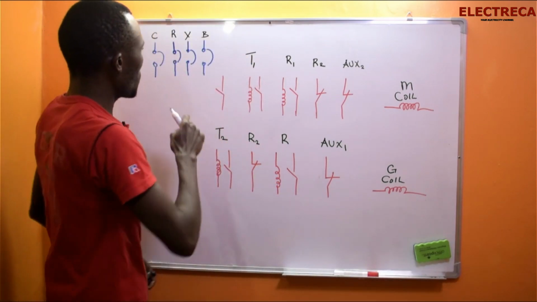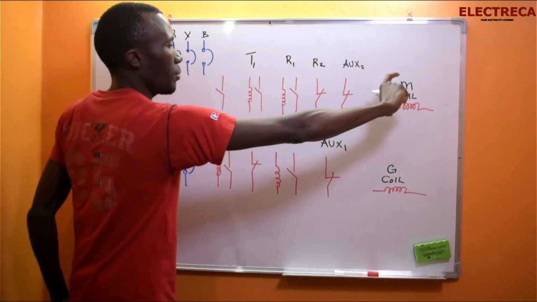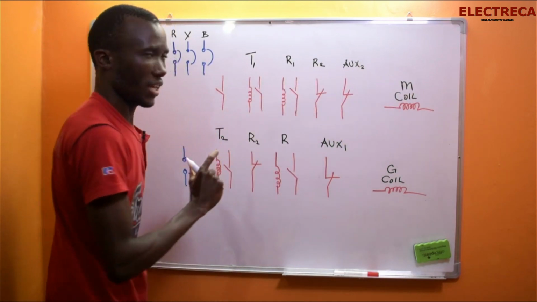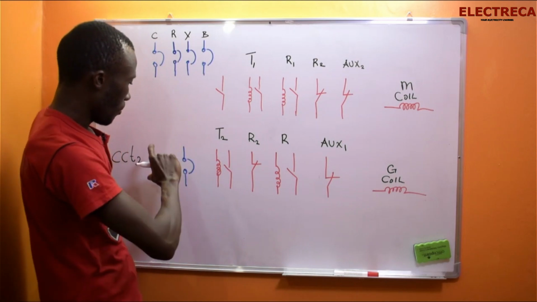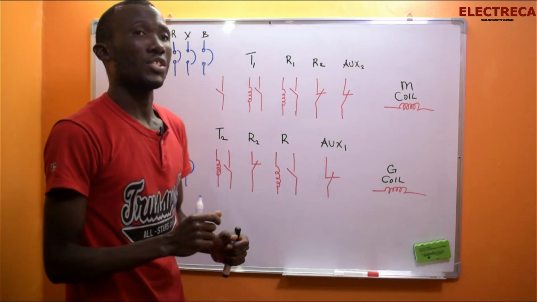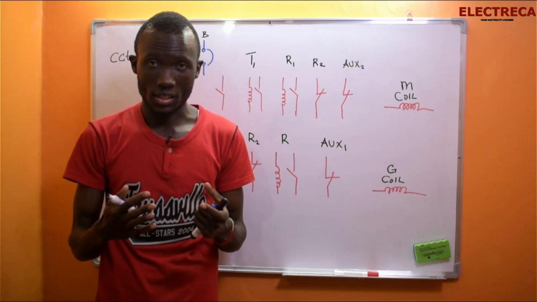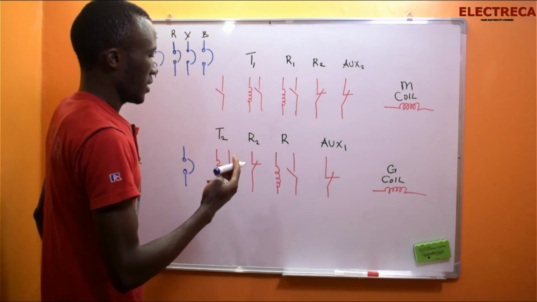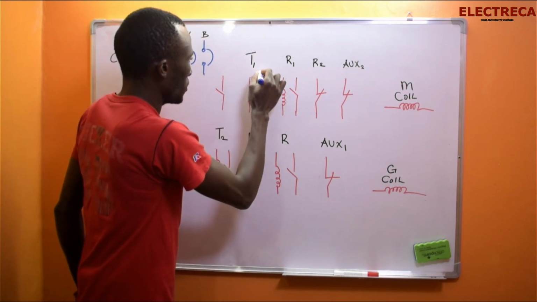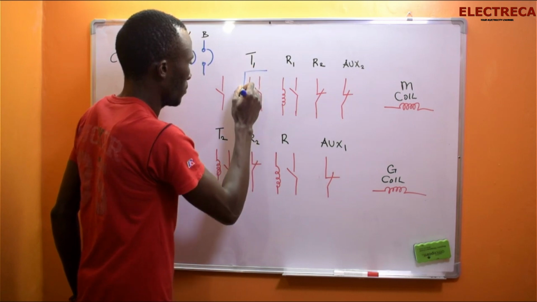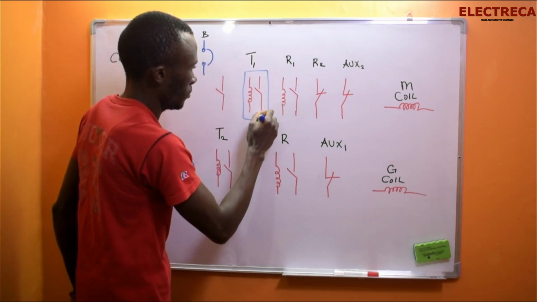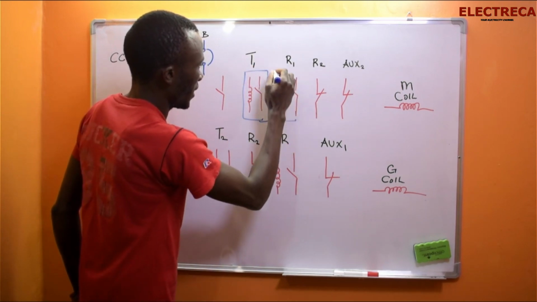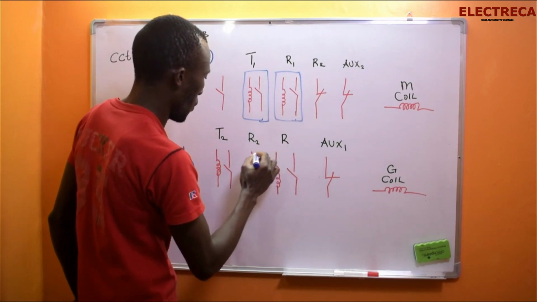The part up here is the main circuit, and the part below here is the backup or the gen circuit. Now let me show you, so that we can understand very well.